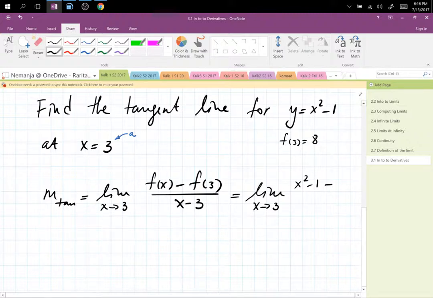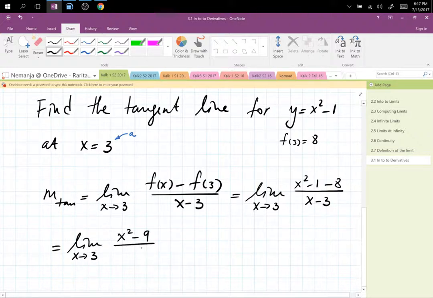Very good. 3 squared is 9, minus 1 is 8. So it's going to be x squared minus 1 minus 8 divided by x minus 3 in the denominator. Nothing we can do with that. The next step is to combine like terms. So minus 1 minus 8 is minus 9.